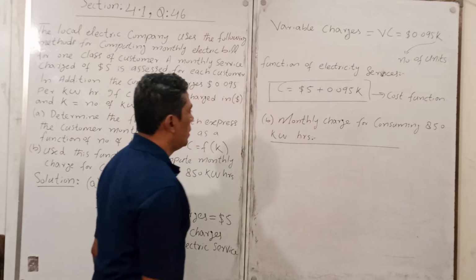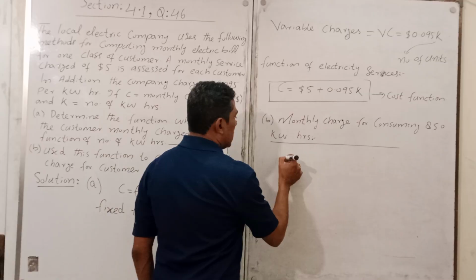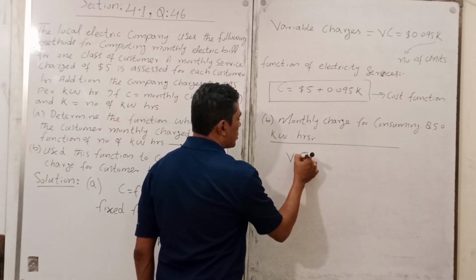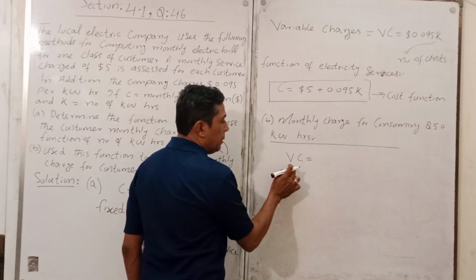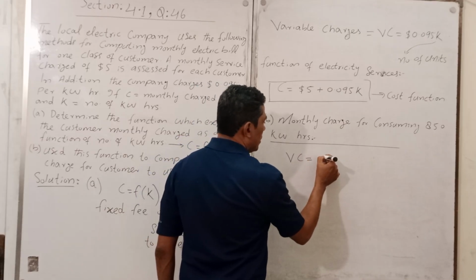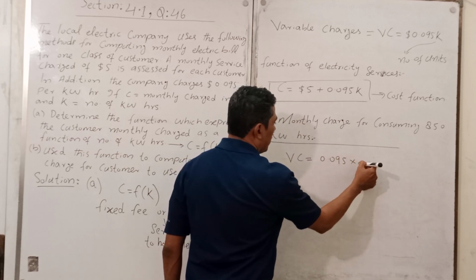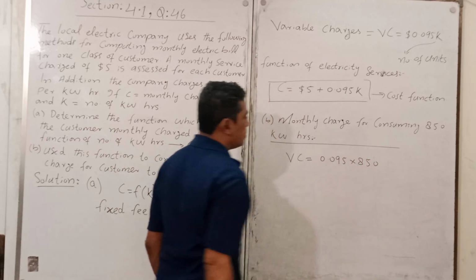So I represent this monthly charge as the variable cost, which is 0.095 multiplied by 850.